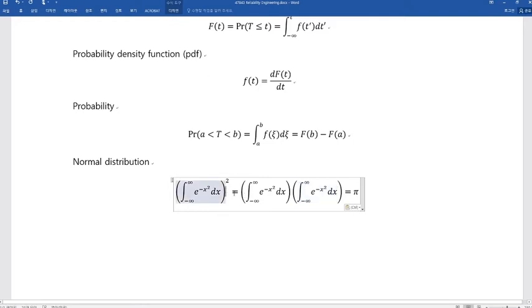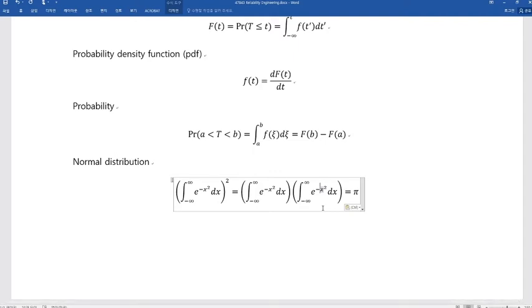If we want to calculate this, because we are currently calculating the square of the parenthesis, this can be changed to this form.